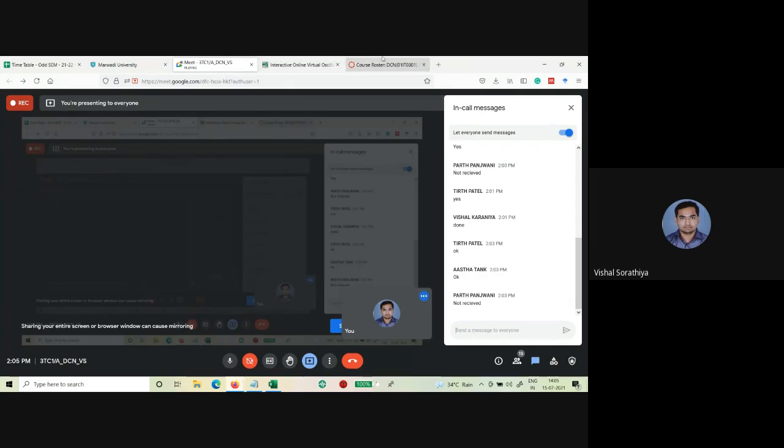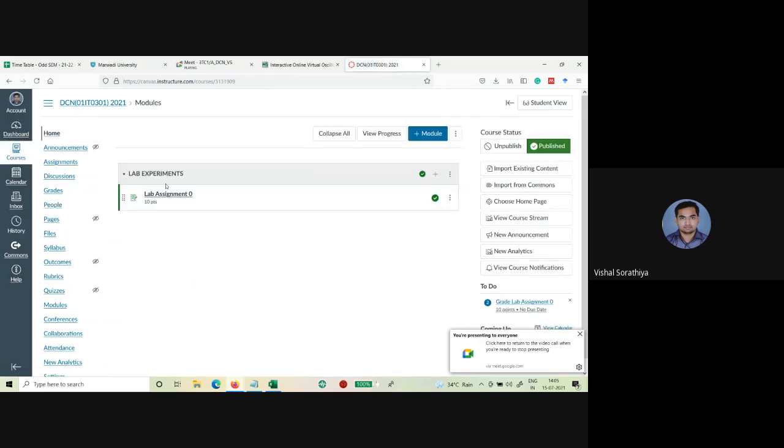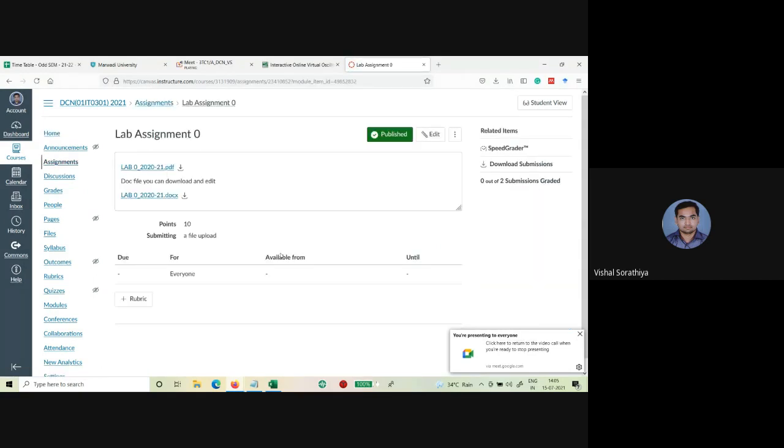Whenever you open your Canvas and go to home, there is the first lab experiment, named lab assignment 0. In it, when you open this document, some tasks are given.